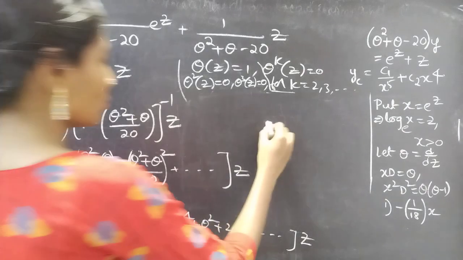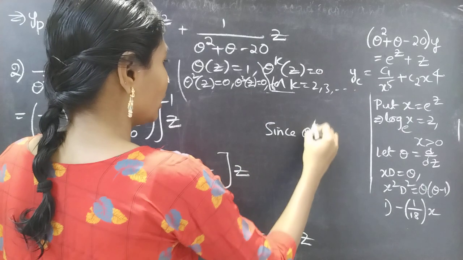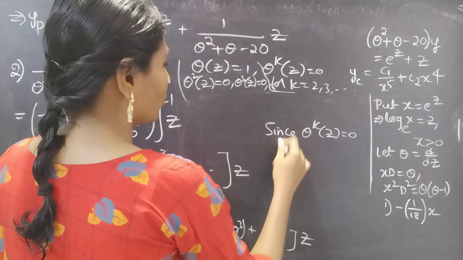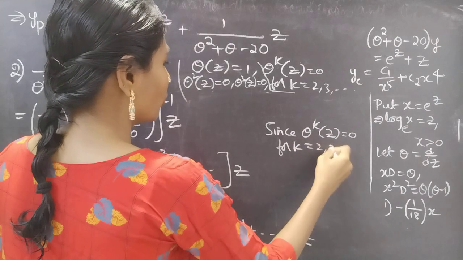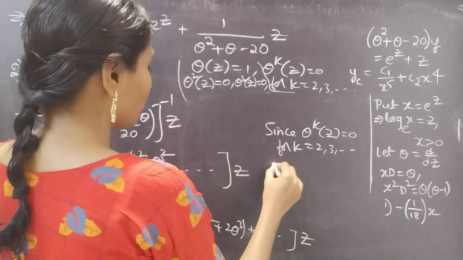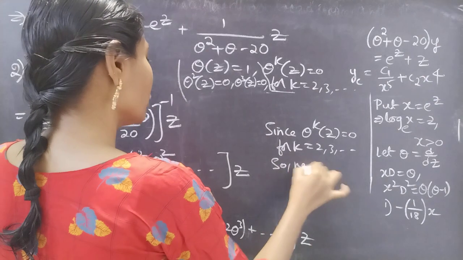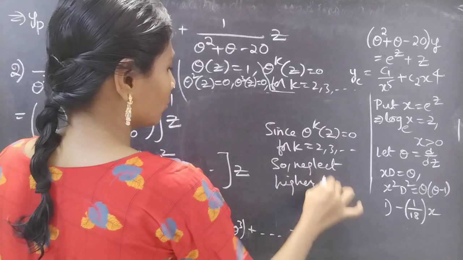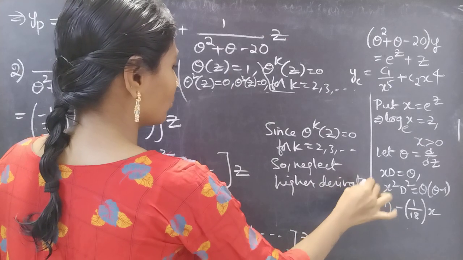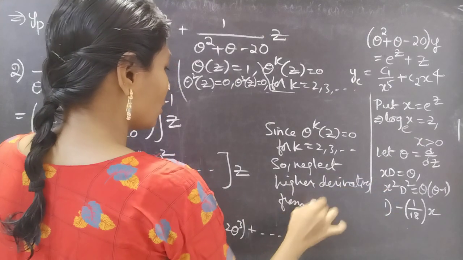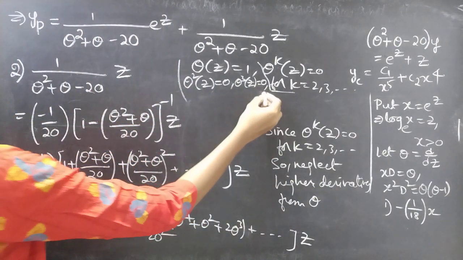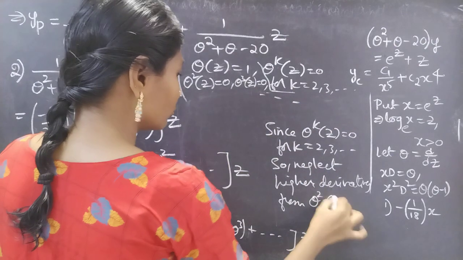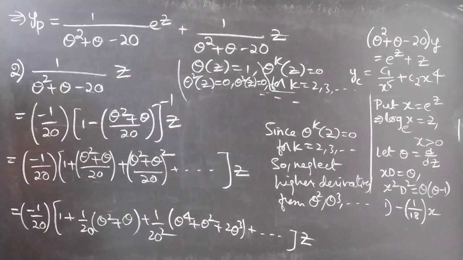right? Since θ^k of z equals 0 for k equal to 2, 3 and so on, we neglect higher derivatives from θ², θ³ and so on, right? So we can neglect all the terms from here, and also we can neglect θ² from the second term.